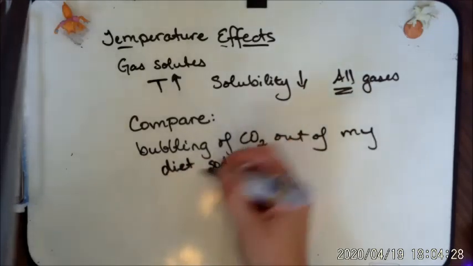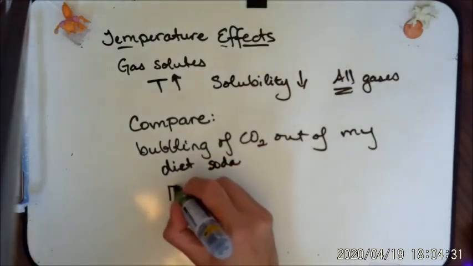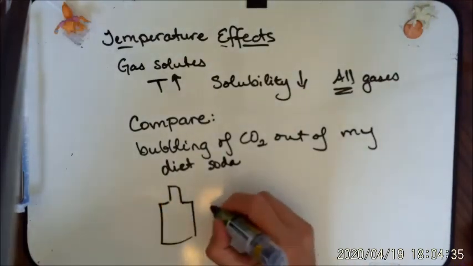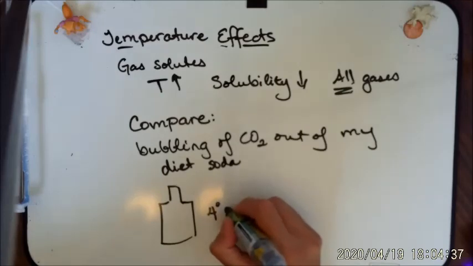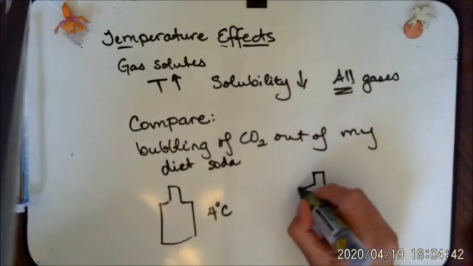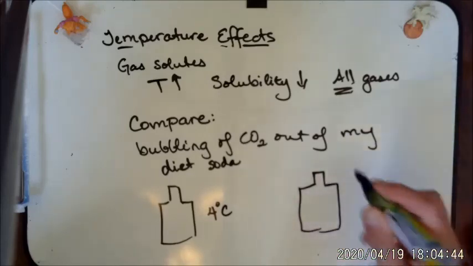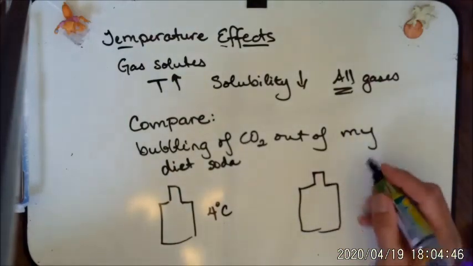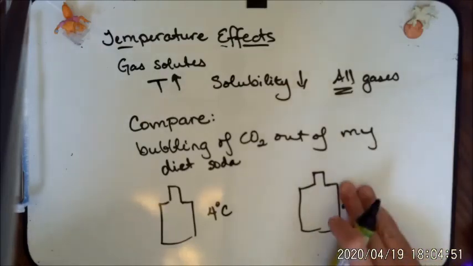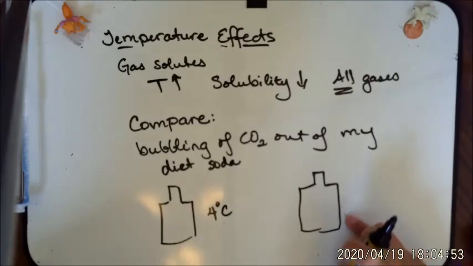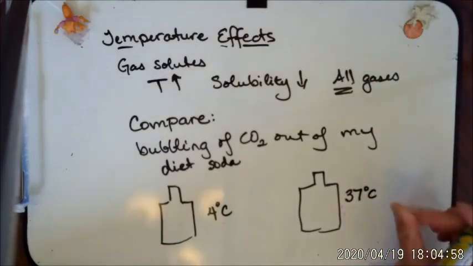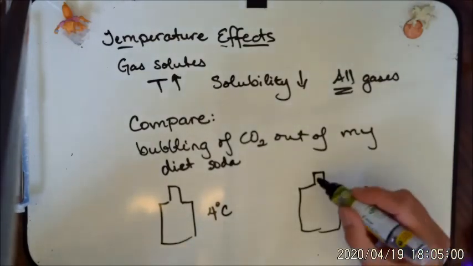This is a cold soda, at basically 4 degrees Celsius in my refrigerator. And then I have a soda that's been sitting in the trunk of my car. So let's say it's about, not 20, that's too low, let's say about 37 degrees Celsius. If you open this, which one's going to bubble over?